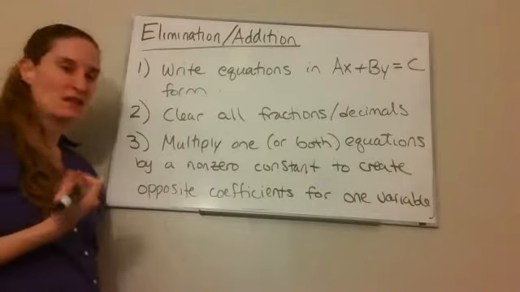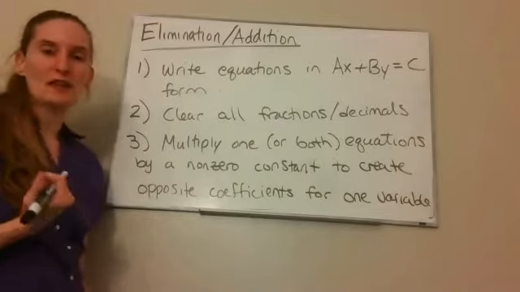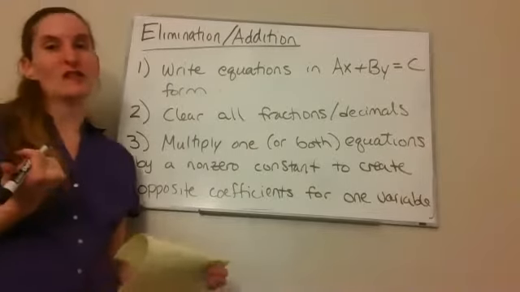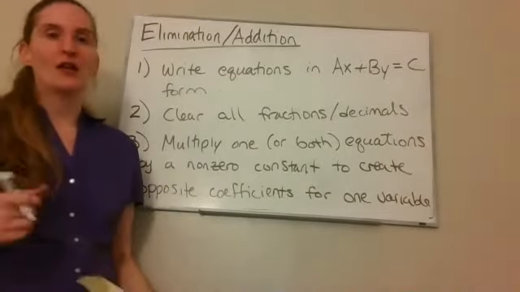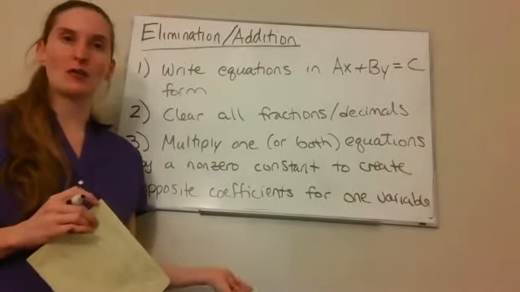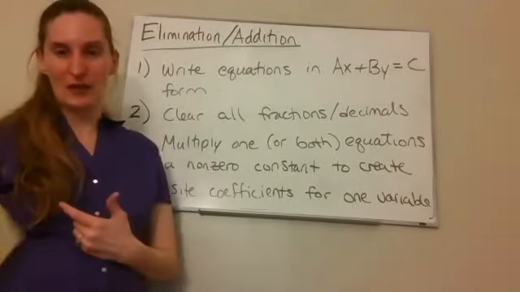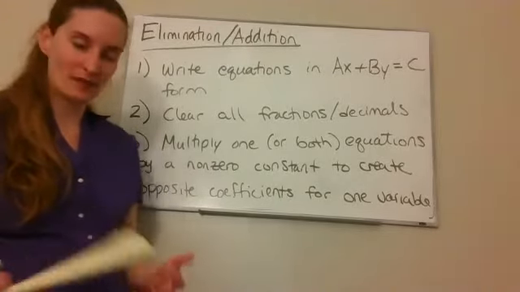What the goal is, either for the x's or for the y's, you want the coefficients in the two equations to be opposites of each other. So if I have a positive 4 as the coefficient of x in one equation, I want the coefficient of x to be negative 4 in the other equation. You want them to be opposites.